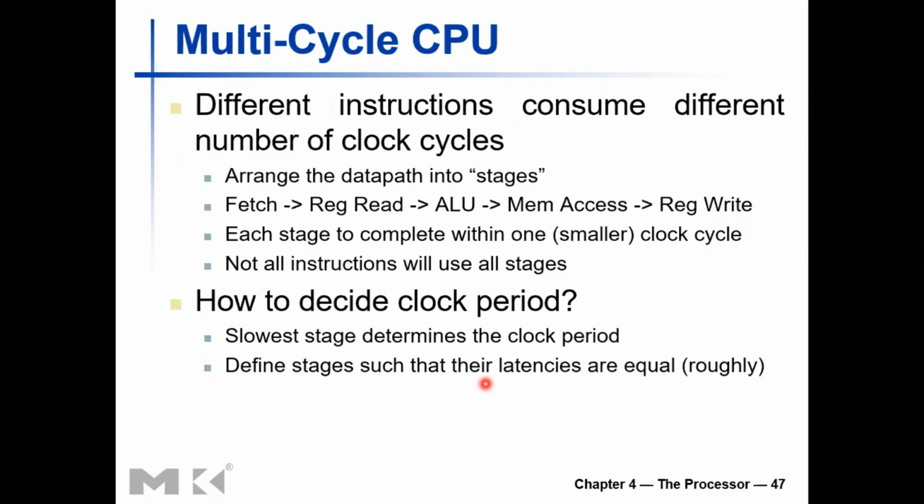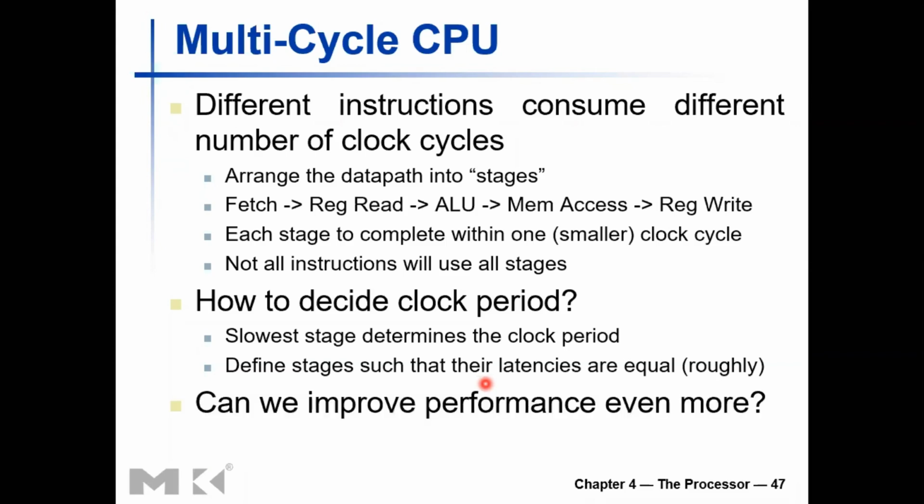Then your clock cycle will be maximally utilized. Each stage will utilize the maximum amount of time given by that small clock cycle. That is the optimal way to decide this clock period: divide the work between the 5 stages as evenly as possible. In that scenario, instructions will only use the stages that they need.